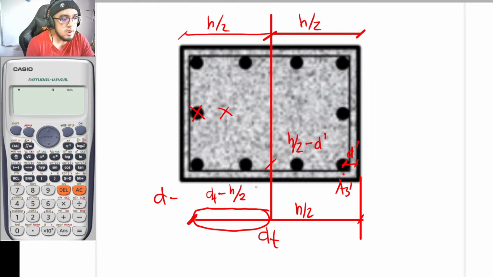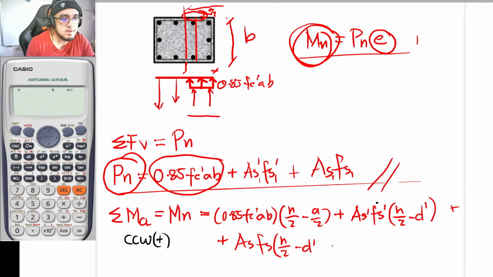Okay, so by the way, for our general formula, that is now to be equal to h over 2 minus d prime, or you can also write it as dt minus h over 2.